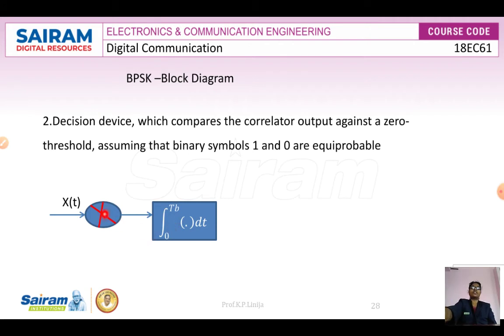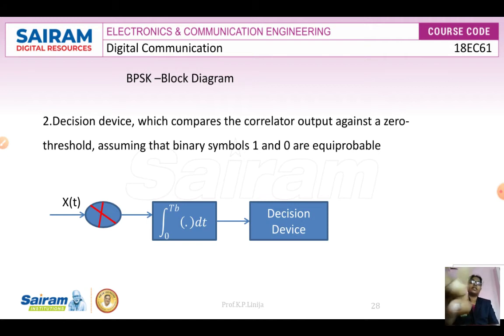So this is the multiplier and this is the correlator. The output of the correlator is given to the decision device, which acts as a comparator. It will compare the correlator output against a zero threshold. So the threshold value we have assumed, capital T, is equal to 0.